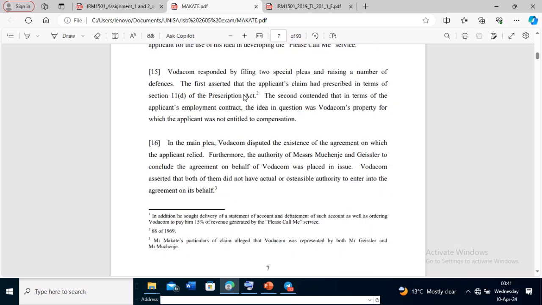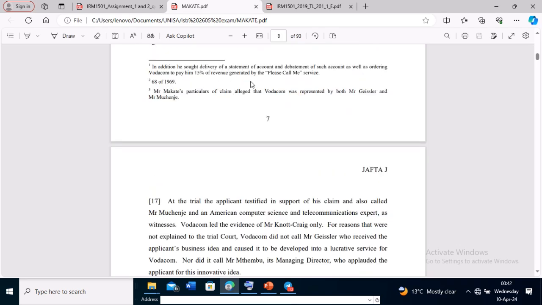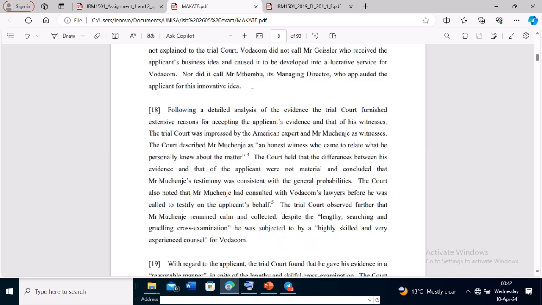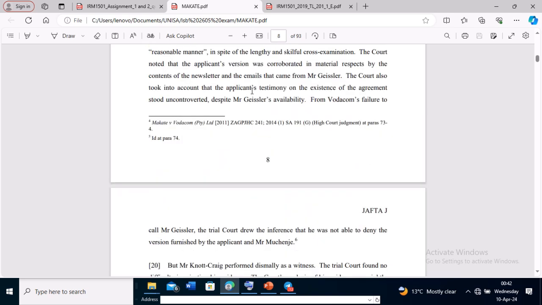First footnote, no, it does not have a case. The first case, okay, it is Makate versus Vodacom. You can take this case.